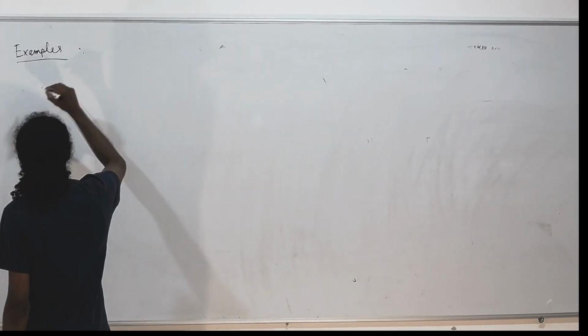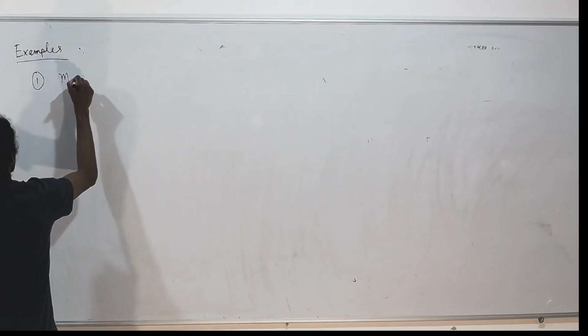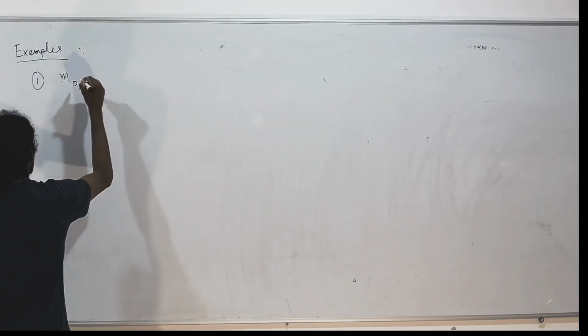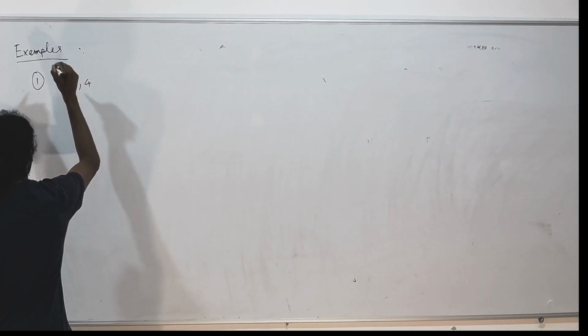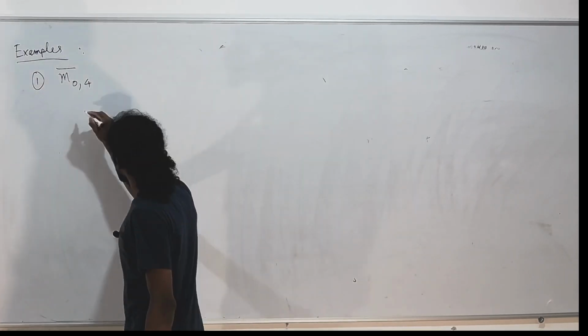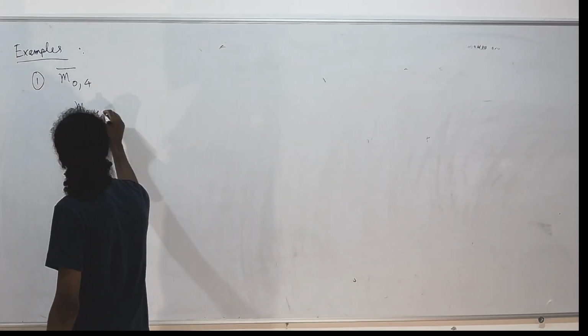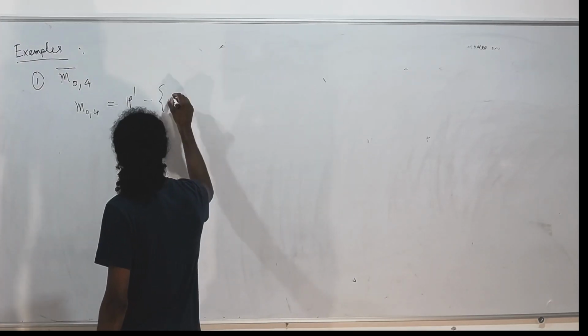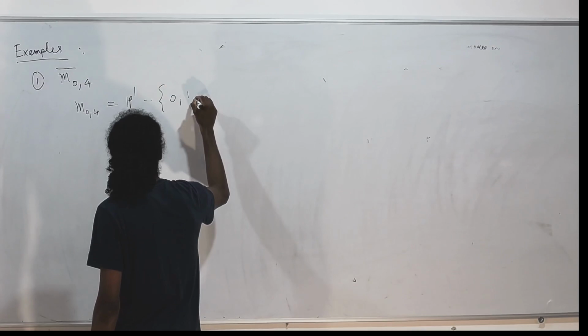Okay, so example. Well, M_0,3 was already a point, so it was compact. M_0,4 bar. So what was M_0,4? That was actually a P1, but we had to remove 3 points.